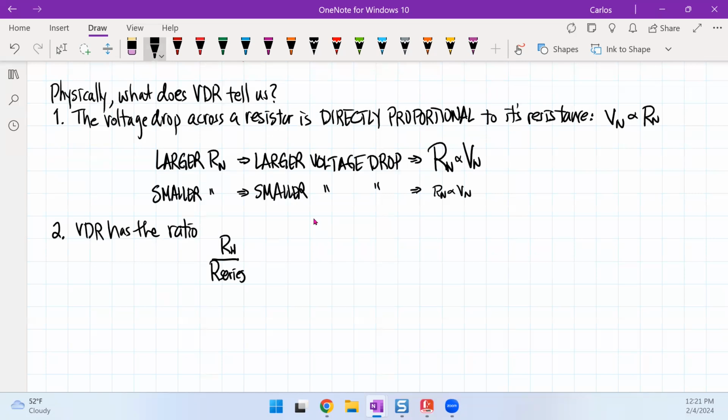What this really tells us is the percentage of voltage drop across a series resistance.